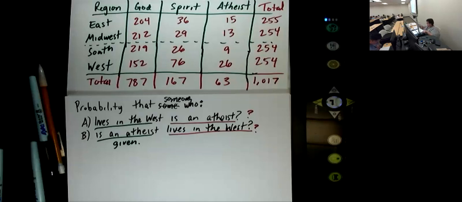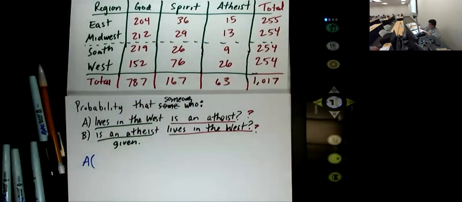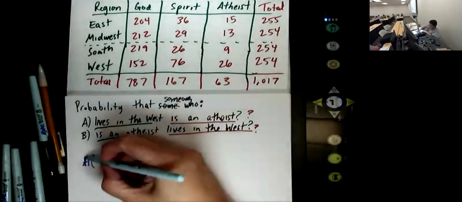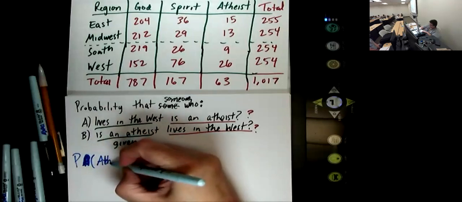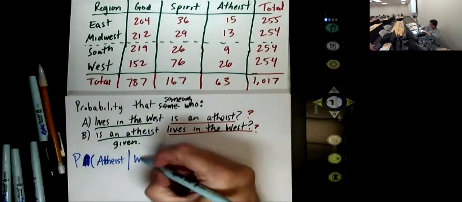So the way to read A is that the given piece is lives in the West. That's what comes second. Oh, that should be a P there. The probability that someone is an atheist given that they live in the West.